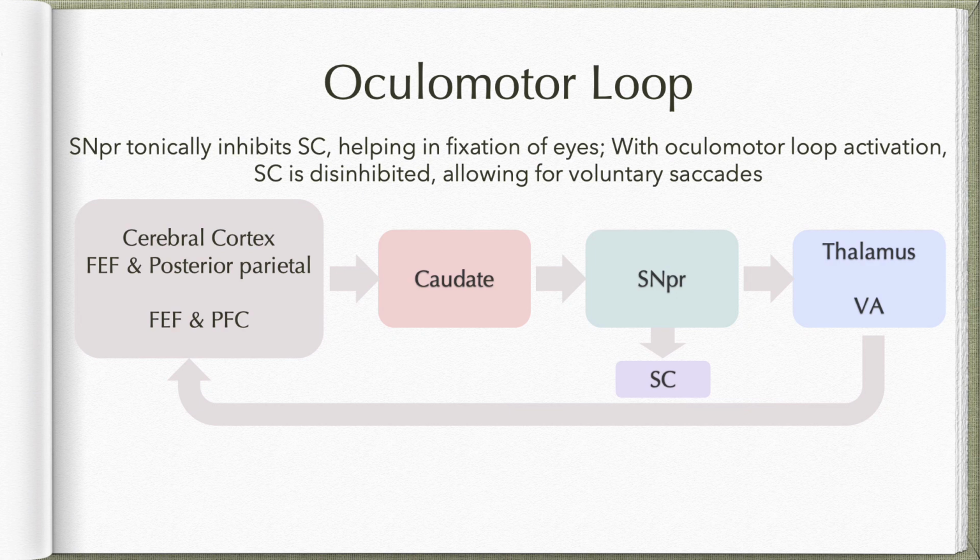So these are the various connections of the basal ganglia. So we have input nuclei, we have intrinsic nuclei, and we have output nuclei.